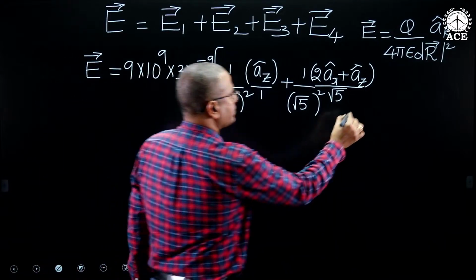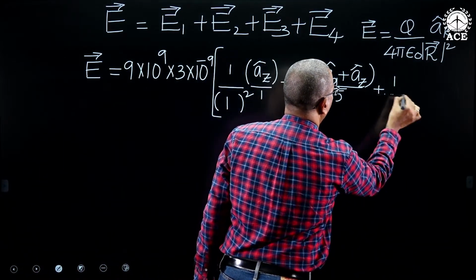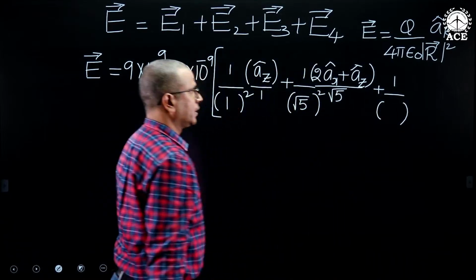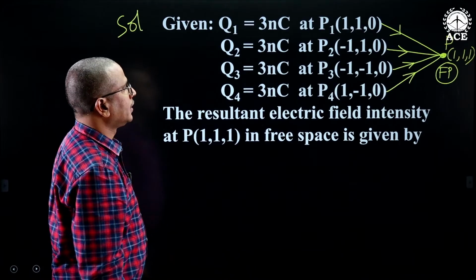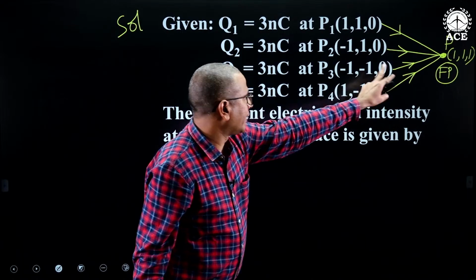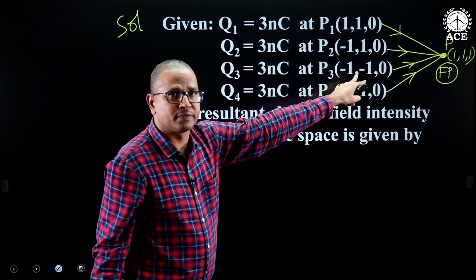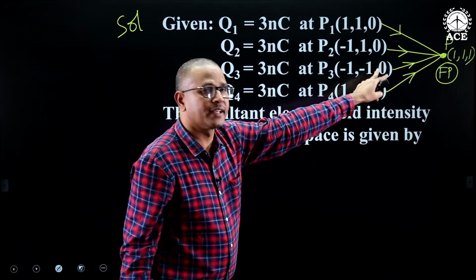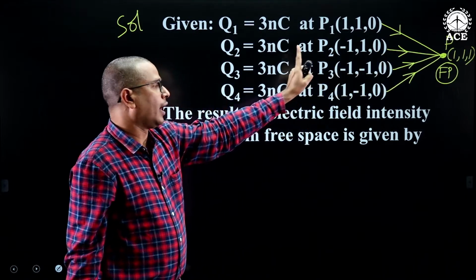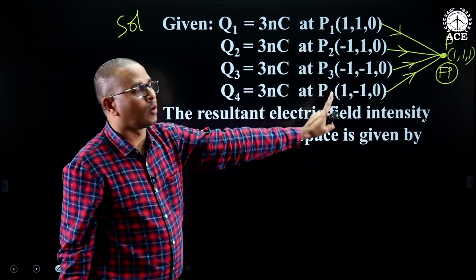Look at the third object. 1 by distance square. The third one: 1, 1, 1 is the final point. 1 minus of minus 1 is 2, 1 minus of minus 1 again 2, and 1 minus 0 is 1. Look at the x component, y component, z component.